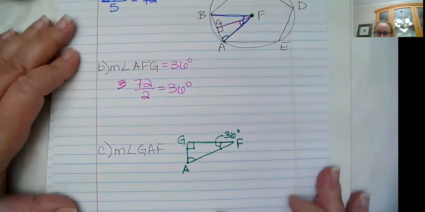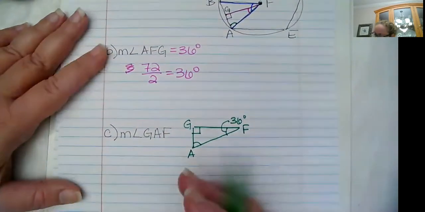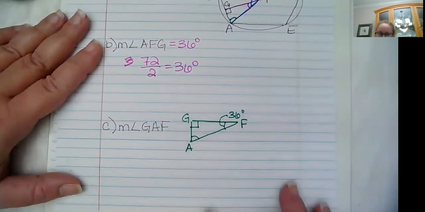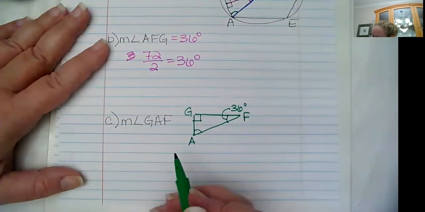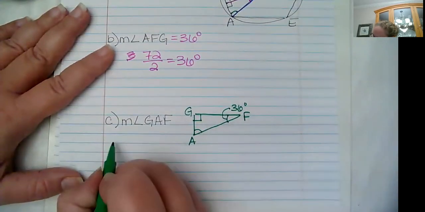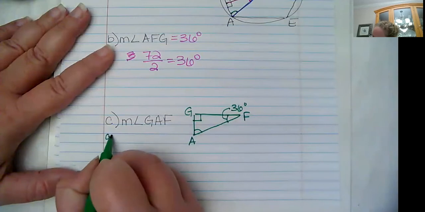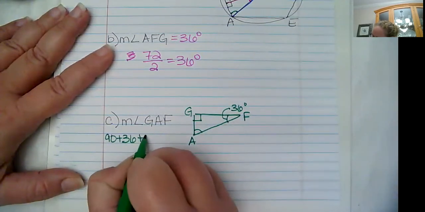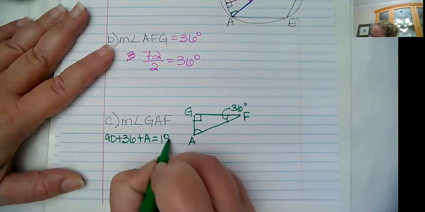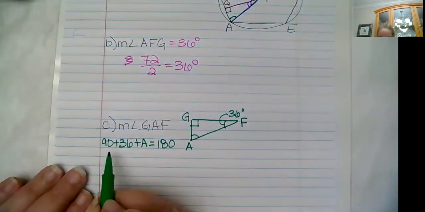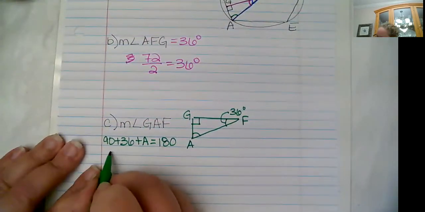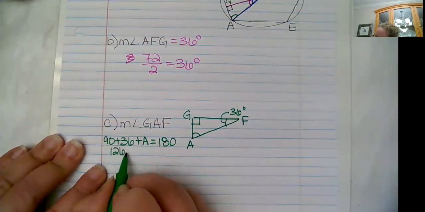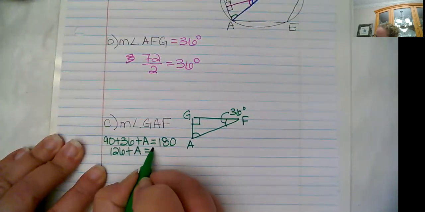Slide this up a little bit. So we know that all 3 angles inside of a triangle have to add up to 180. So we make an equation out of it. 90 plus 36 plus angle A is equal to 180. Add these two together, like terms, 126 plus A equals 180.